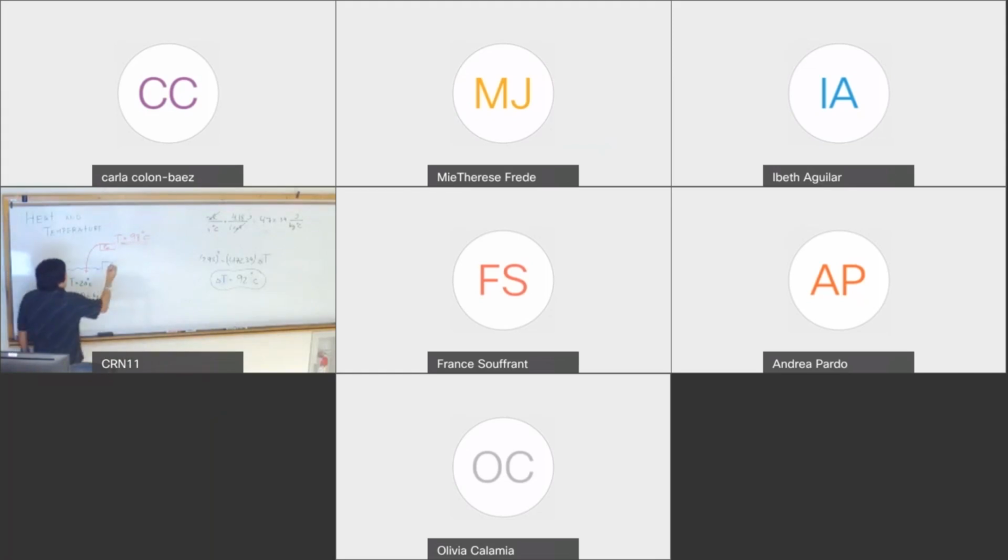And on top of that, I'm going to say that the mass of iron is 80 grams. I want you to find the final temperature of the system.